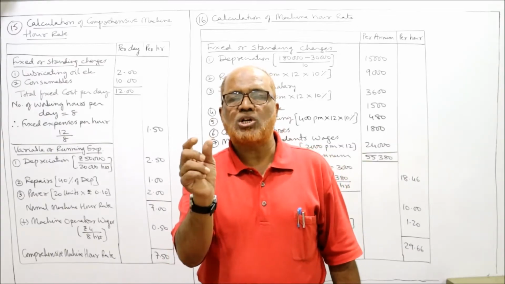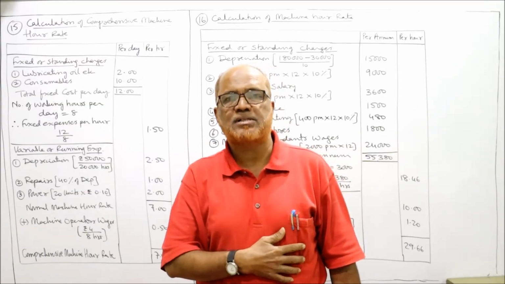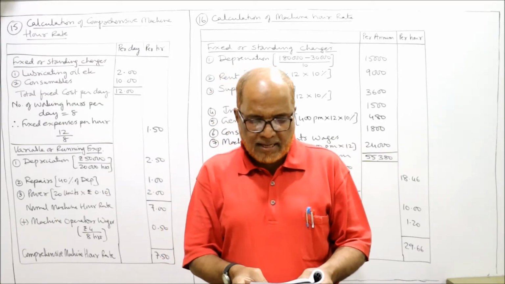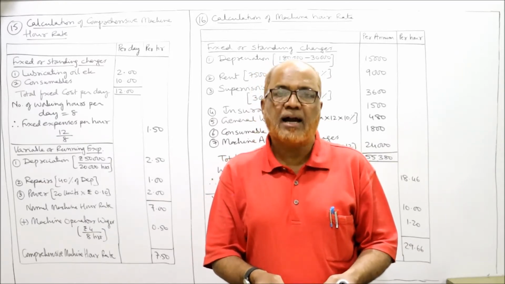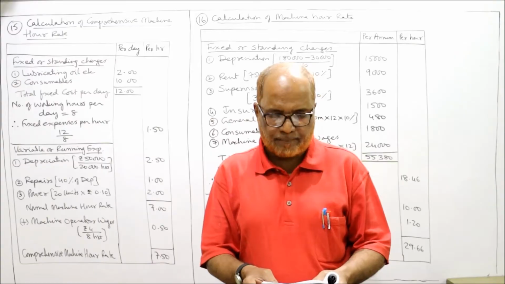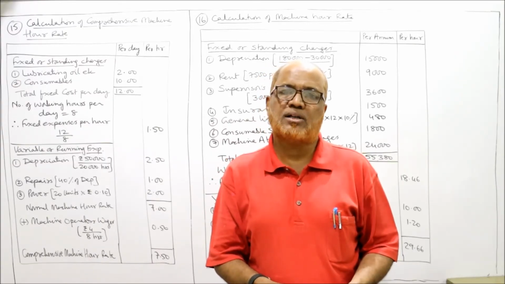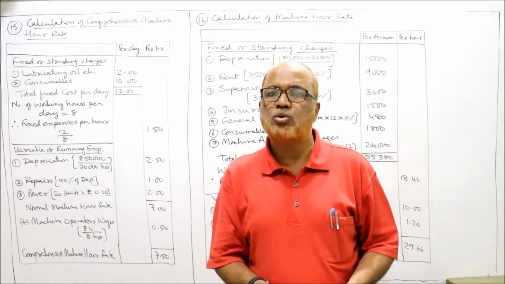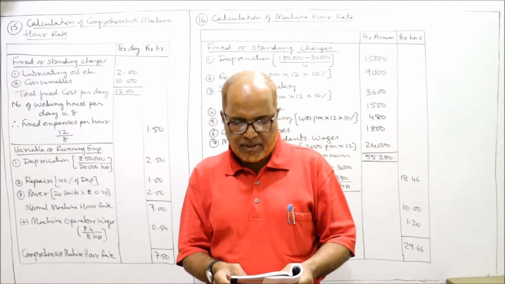So whatever depreciation we get per hour, to that depreciation we calculate 40%, that is the repair. And consumption of electric power is 20 units per hour at 10 paisa per unit. So per unit 10 paisa and per hour 20 units are consumed. So 20 units into 10 paisa, 2 rupees is the power charges per hour.